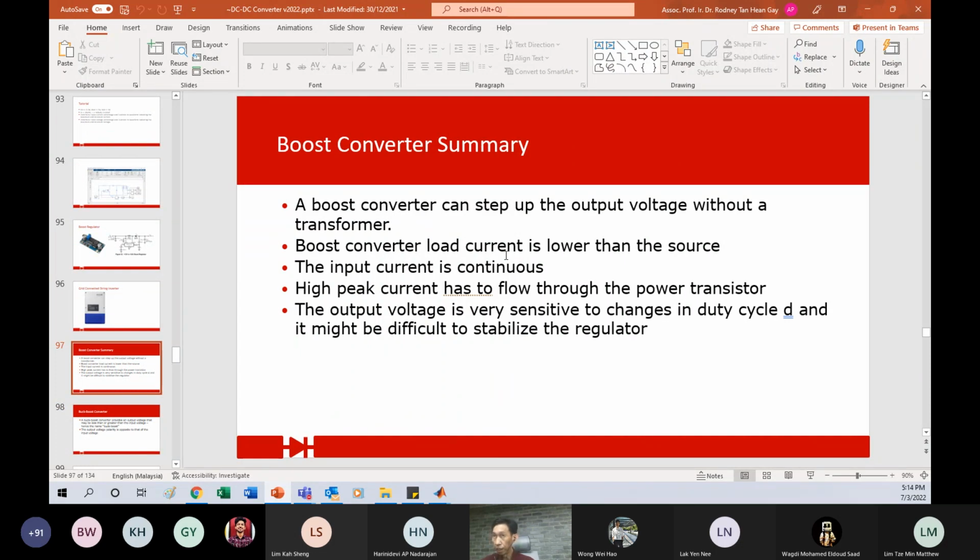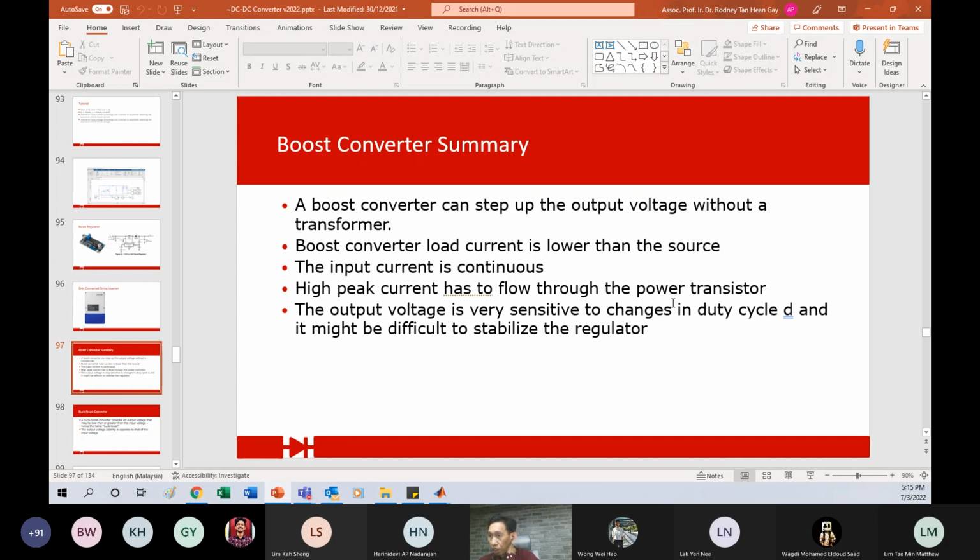When the voltage goes up, the current is always low. The good thing is that the input current is continuous, unless your inductor is so small that the chances of working in DCM are higher.